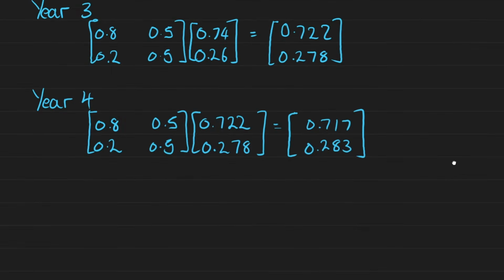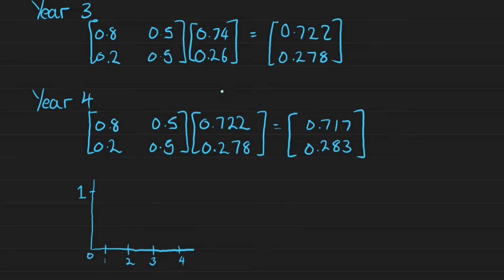So if we were to try and plot that quickly, on the x-axis we have years, so that's year 1, year 2, year 3, and year 4. And at year 0, we said that 100% of the people are in region A, so we started off here.